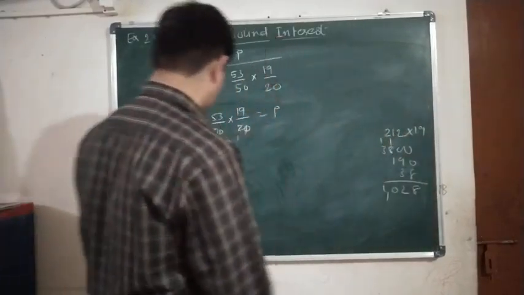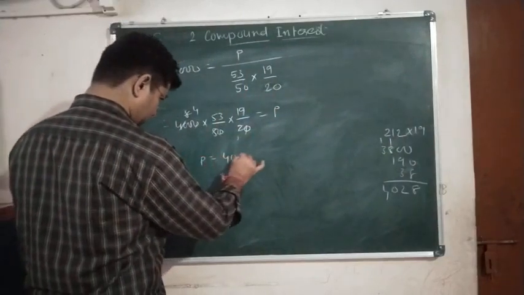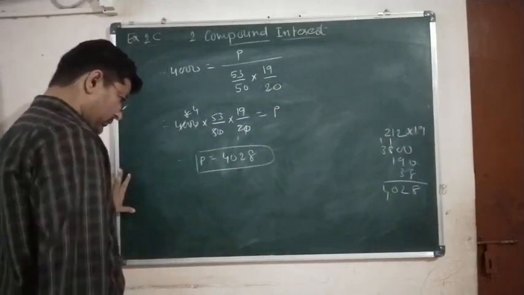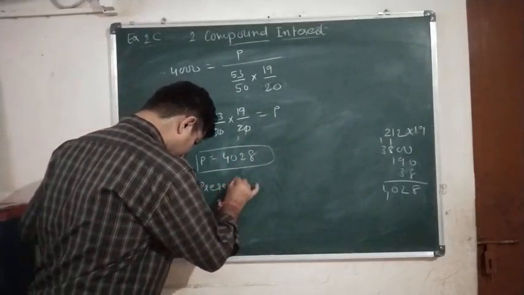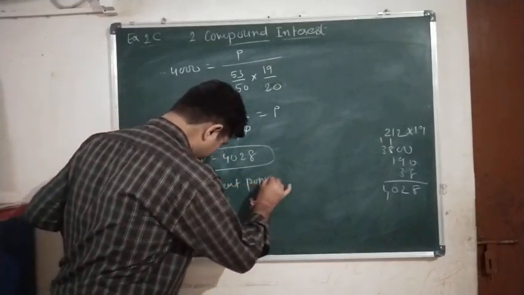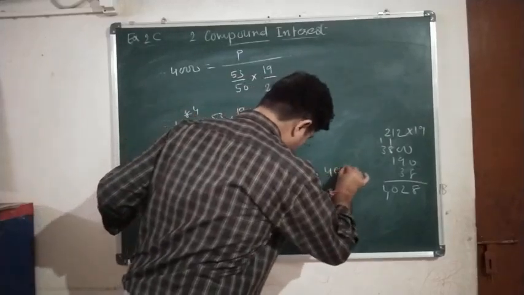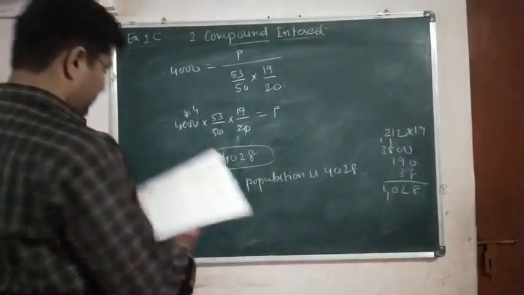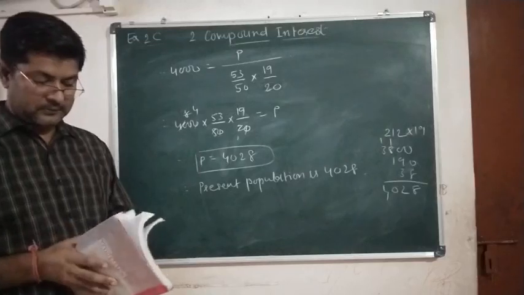So 4028. Therefore we got the population P to be 4028, and therefore the present population is 4028. Clear? So with this we have completed question number 8.